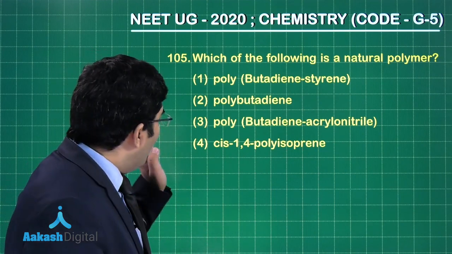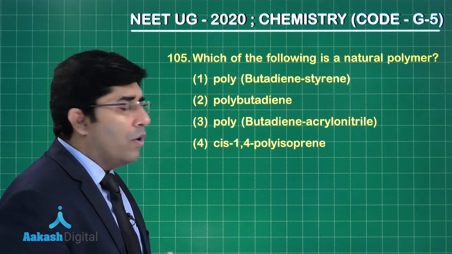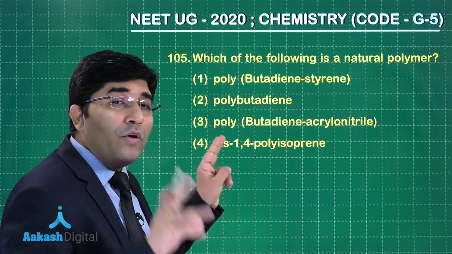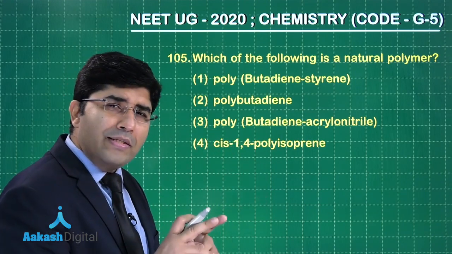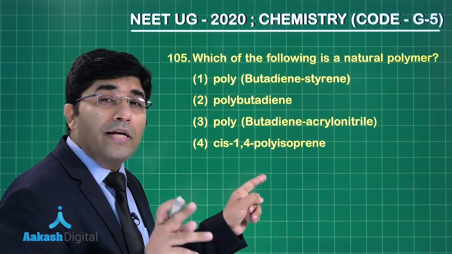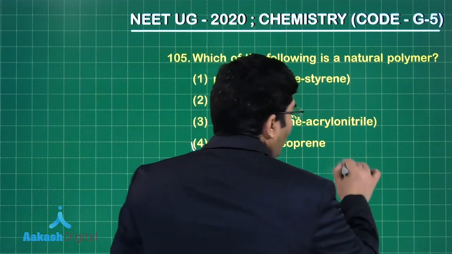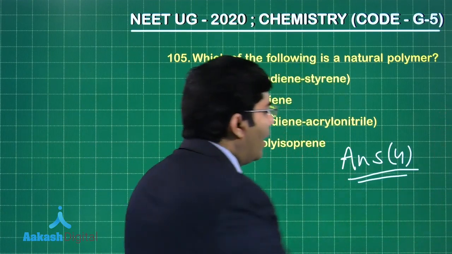And the fourth one, cis 1,4 polyisoprene, that is natural rubber, right? And if it is natural rubber, it means this is an example of a natural polymer. So the answer is option number 4. So this is the correct answer.